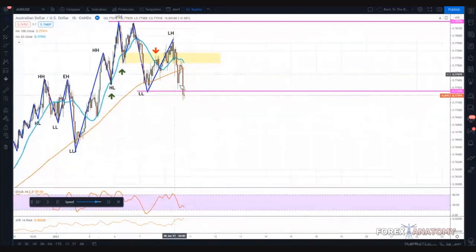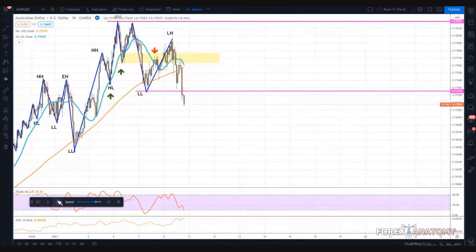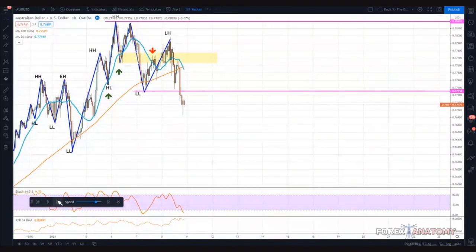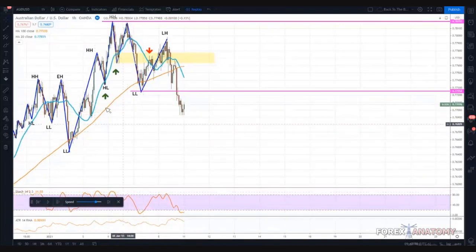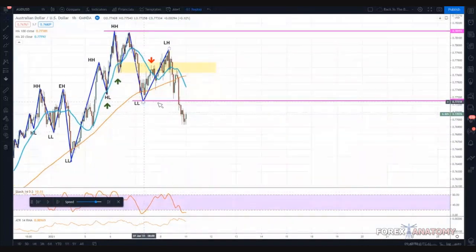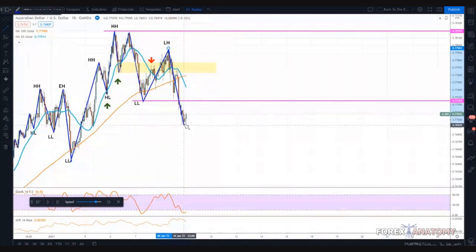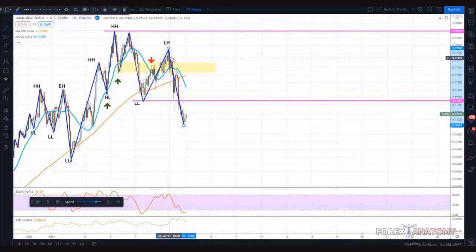So of course, it may want to maintain its bias to the downside. Since we know that price created this lower low, we can draw out this particular wave to the downside. So now we have price creating a lower low.